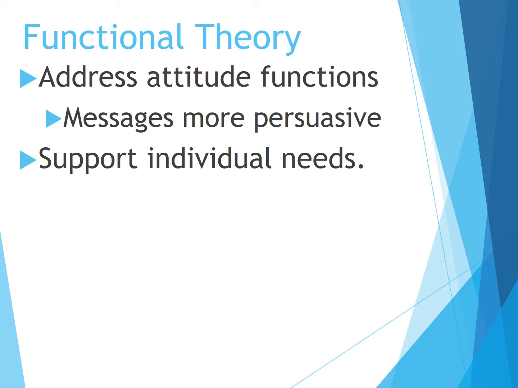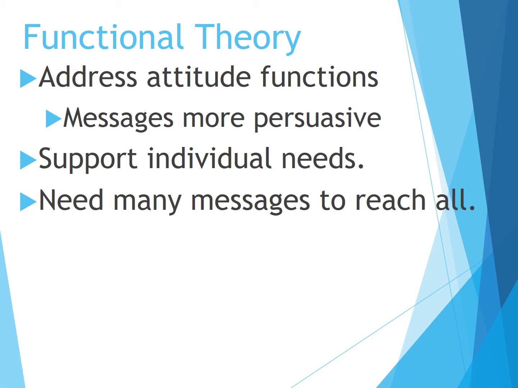Each person has their own unique values, approaches, ways of looking at the world. And so this theory allows us to unpack, if you will, some of the functions that people may have for the attitudes they carry. And when we can start to identify why it is that people have the attitudes they have, then we are able to develop messages or persuasive campaigns or communication that is able to reach more people and a broader audience.